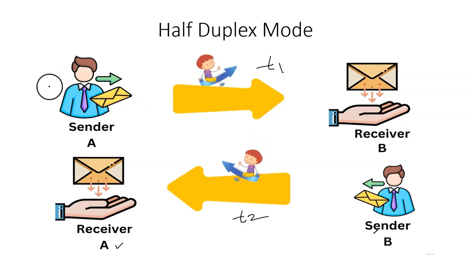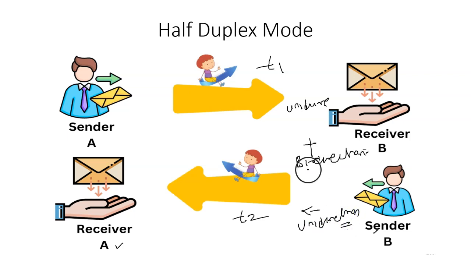Means sending of data from A to B is unidirectional communication, and sending of data from B to A is unidirectional communication or one-way communication. Or we can say collective communication between A and B is known as bidirectional communication or two-way communication, but not at the same time. That is half duplex mode.